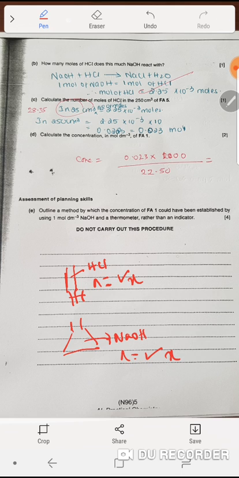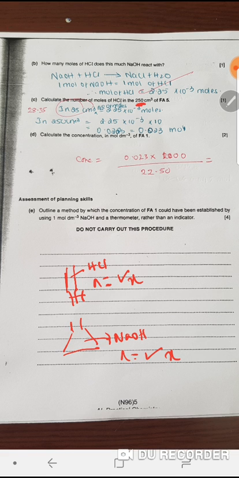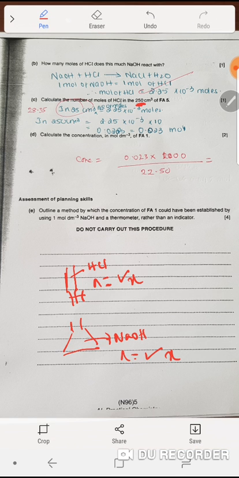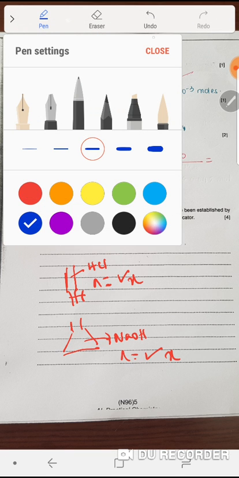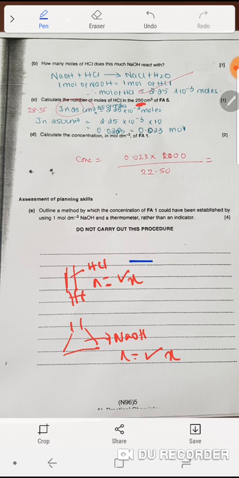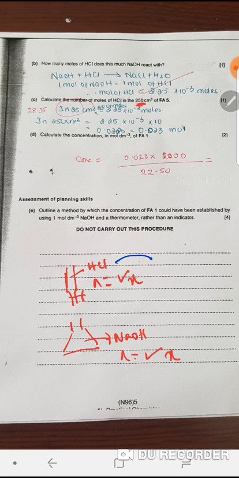Now, how much HCl was there in 250? This HCl, which is in the burette, came from the volumetric flask. Now, this is probably a volumetric flask. Make as if it is a volumetric flask.